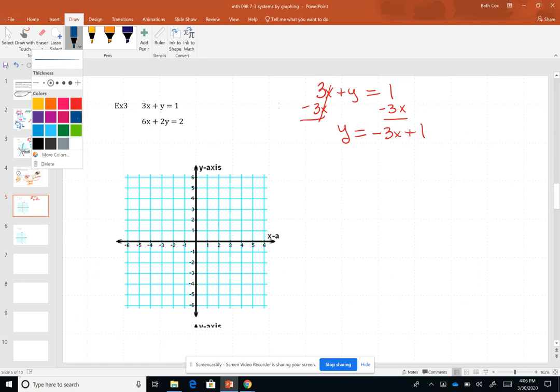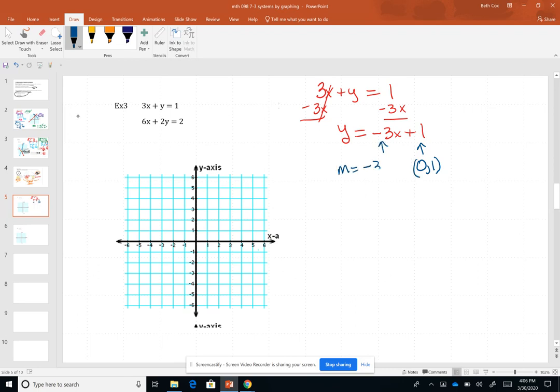So now I'm going to get my starting point at 0, 1, and then my slope is negative 3 over 1. So my rise is negative, so that's down and right. So I'm going to graph this 0, 1, and I'm going to go down 3 and right 1.